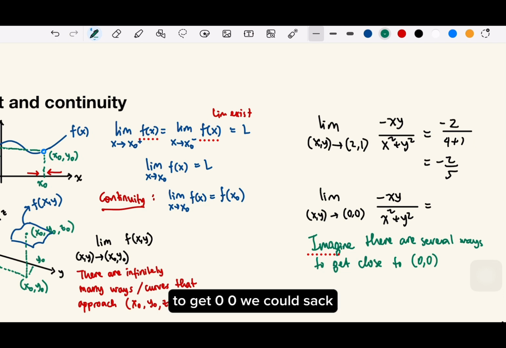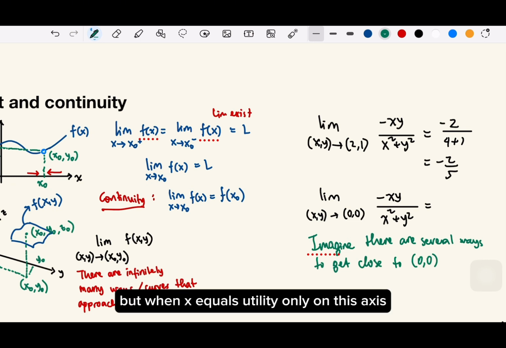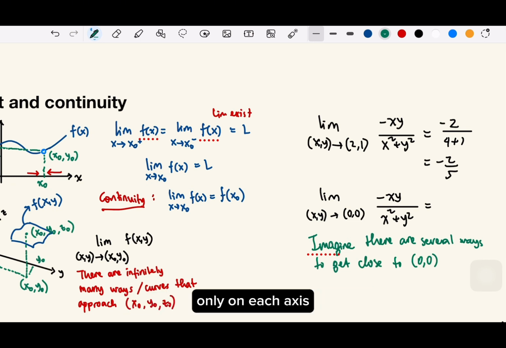For example, to get to 0, 0, we could set a fixed point. Let's say we can say y equals 0 and then only x is moving. Or set x equals 0 and then we think, okay, we are going to move through only y, only on this axis, only on each axis.